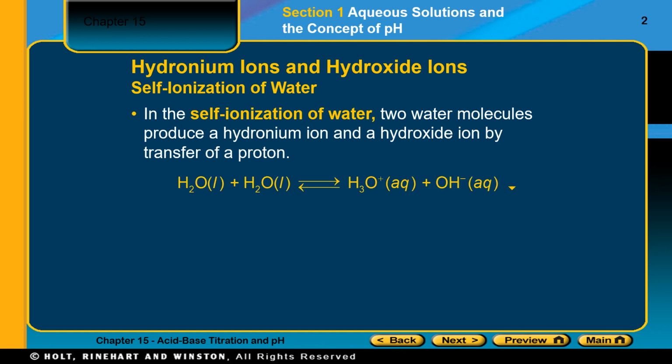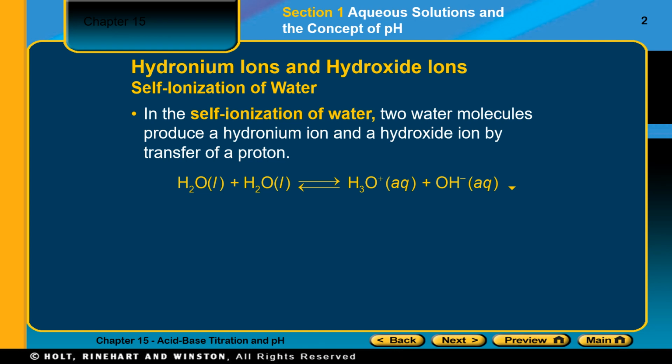So here are the two water molecules there on the left. We have H2O plus H2O. And one of those is going to donate a proton, in other words, it's going to function as an acid. The other water molecule is going to accept that proton and function as a base. So as a result, we're going to end up with a hydronium ion, H3O plus, and a hydroxide ion.